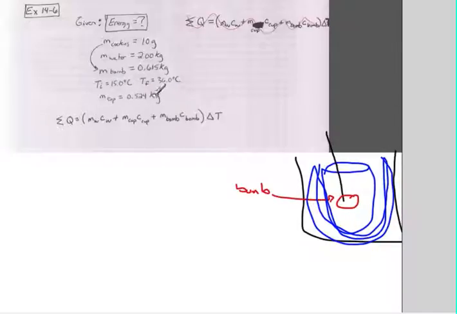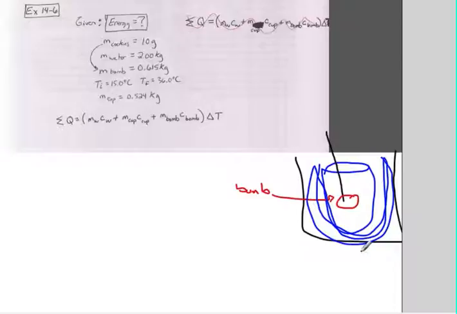They also gave us the mass of the cup. So basically we're going to say the sum of Q. If you look in the book, Q is the symbol for heat. The sum of all the heats involved includes the ones from the water and the ones from the cup.